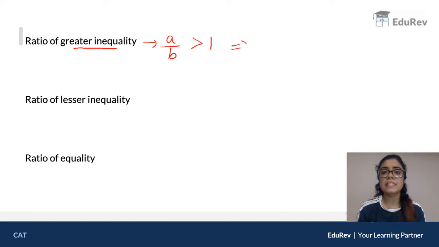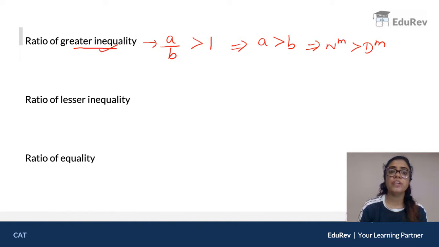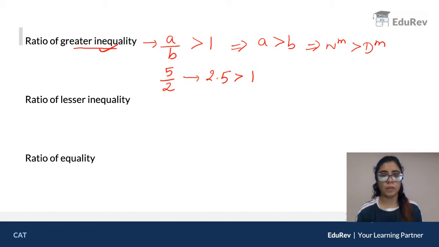See, what will this mean? If I take B on the other side, this will become A is greater than B. So that means your numerator is more than denominator, then it is a ratio of greater inequality. Your value will be more than 1. So for example, if I give you 5 upon 2, this value is 2.5, which is greater than 1. So it is greater inequality.